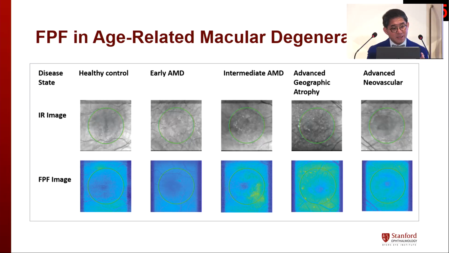They showed that the different types and stages of AMD will have different FPF imaging, as you can see from the lower level there. Based on that, they are now using FPF to monitor the patient before any other invasive techniques are done.